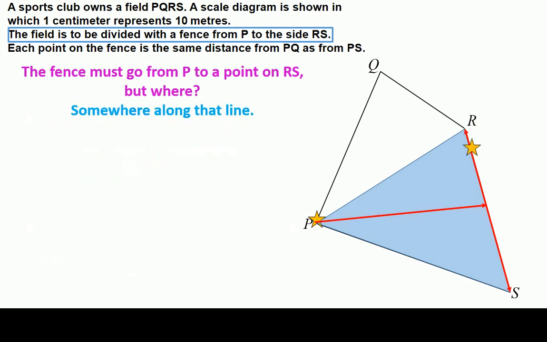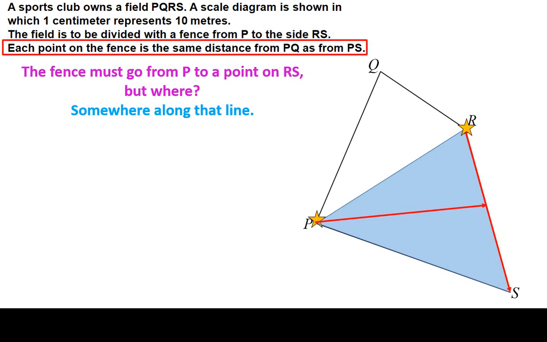Now, the fence will go somewhere along that line. Each point on the fence is the same distance from PQ as from PS.